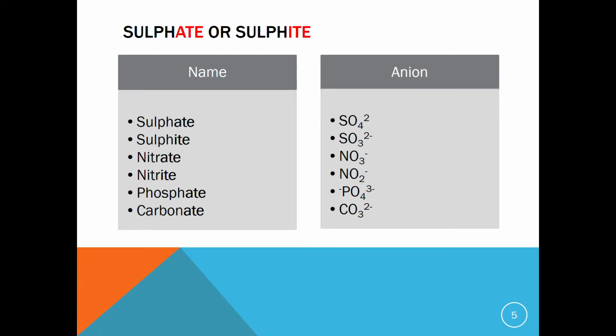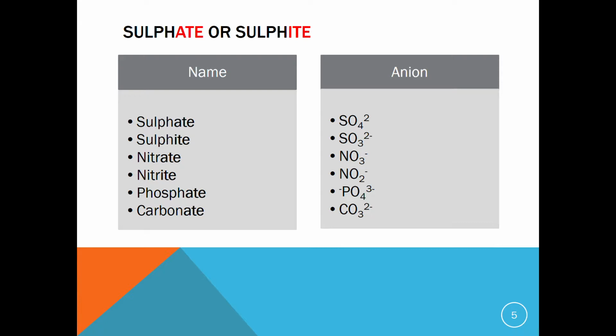Sulfate or sulfide. It is often confusing whether anions containing oxygen have the ending "ate" or "ite", sulfate or sulfite. It is because the atom of sulfur can be in the +6 oxidation state or in the +4 oxidation state.